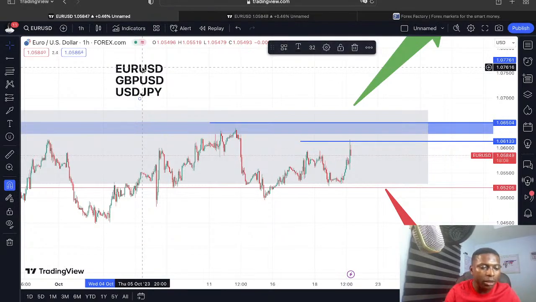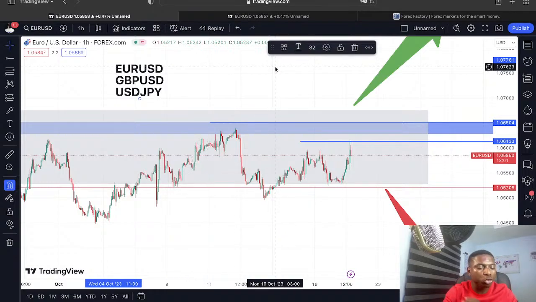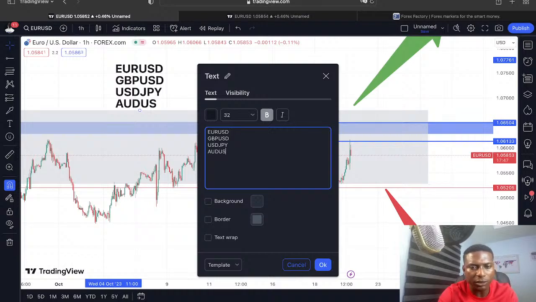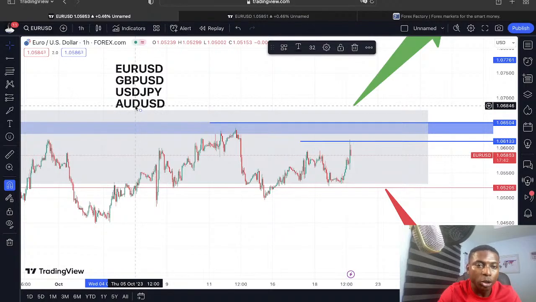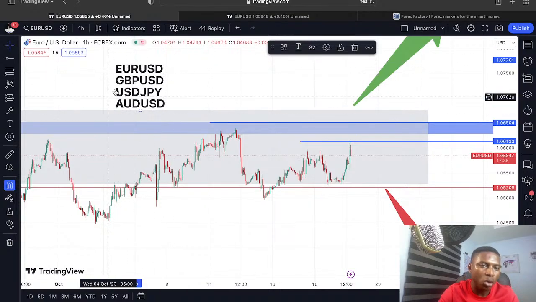There are people who only choose to trade gold, nothing else. I think recently I added Australian USD. So these are the top three, and you always see me look out for market opportunities in these four currency pairs.